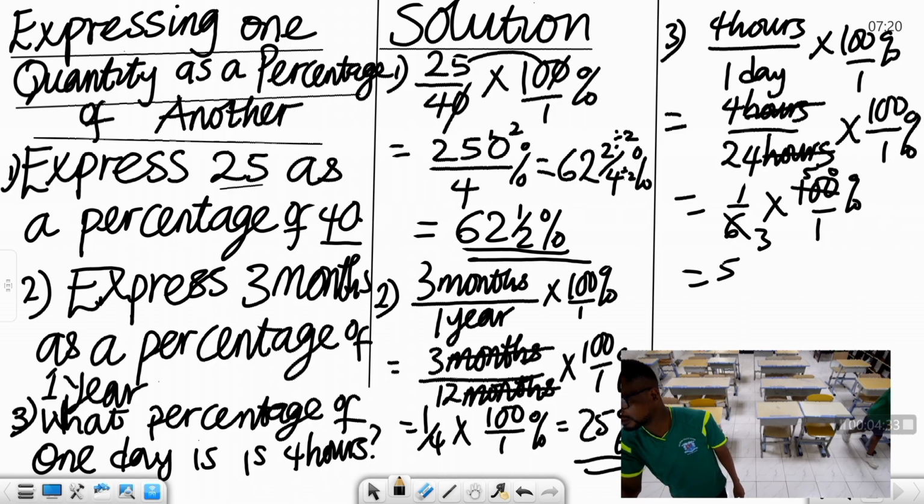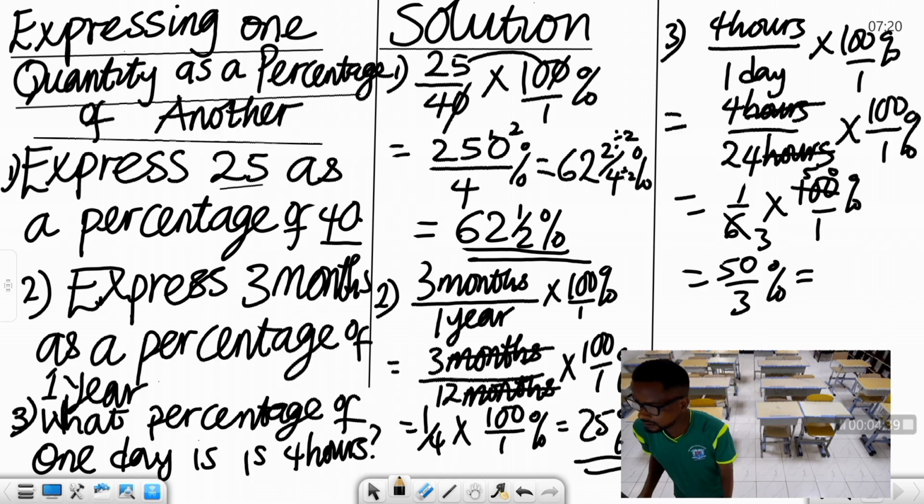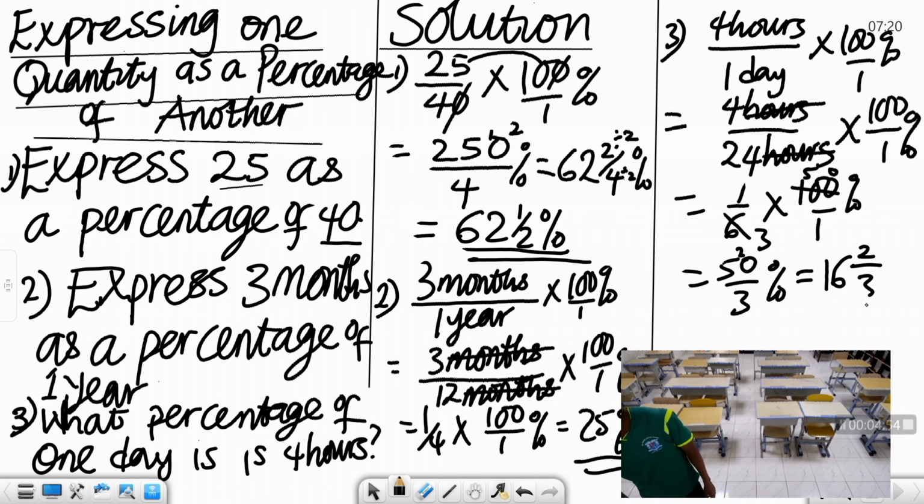So we are left with 50 over 3%. 50 over 3, 5 divided by 3 is 1, remainder 2. 20 divided by 3 will give us 6. Because 6 times 3 is 18, so you have 2 left over 3%. So the answer is 16 number 2 over 3%.